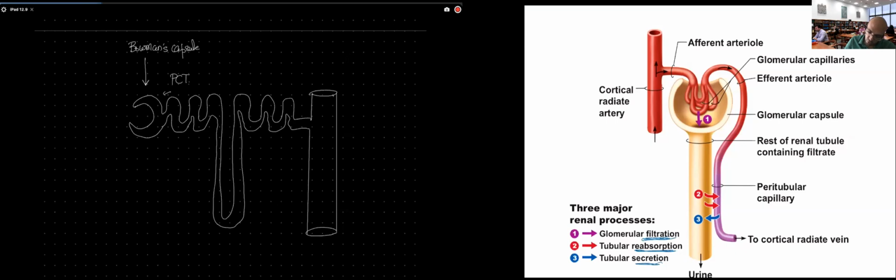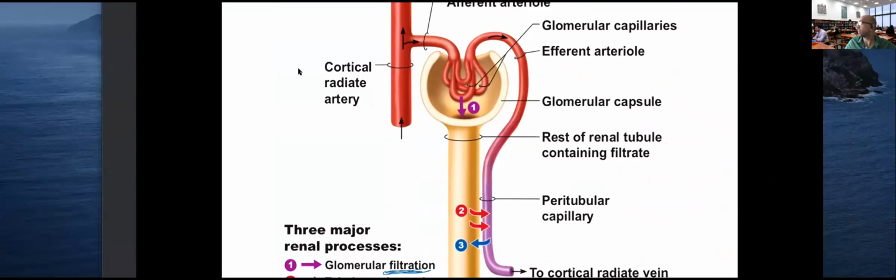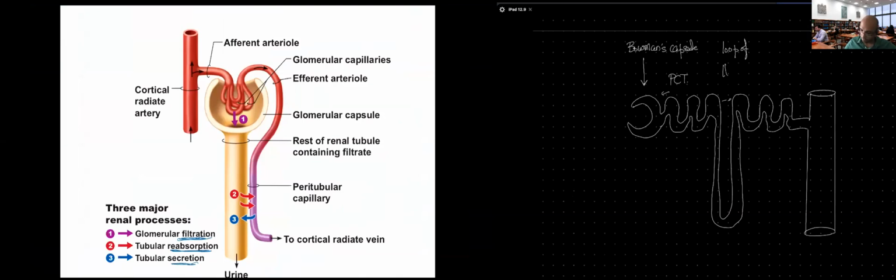Then I will pass through the loop of Henle, and then the distal convoluted tubules, and finally collecting the urine from the different nephrons are going to be my collecting ducts.